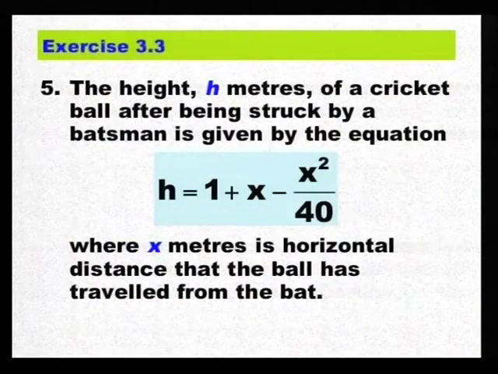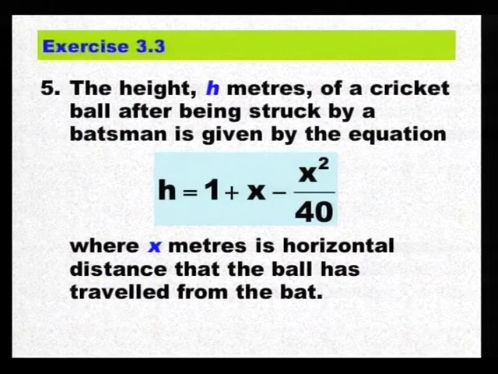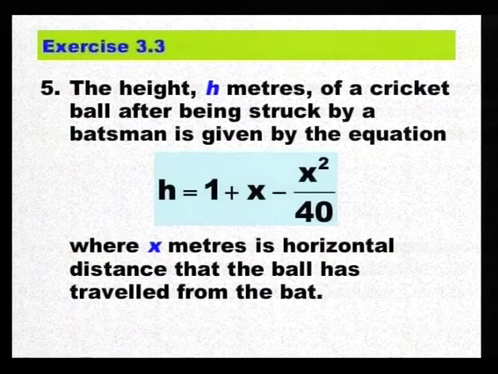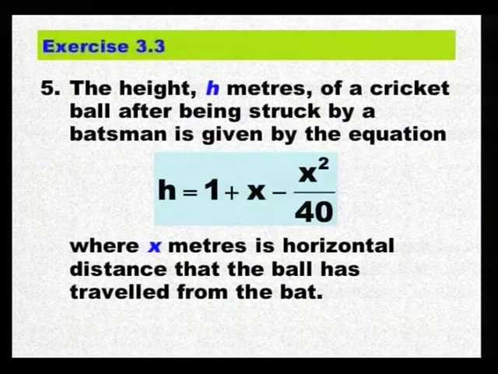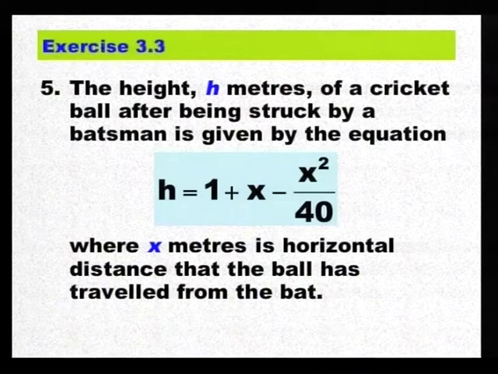Question 5 reads, the height h meters of a cricket ball after being struck by a batsman is given by the equation h is equal to 1 plus x minus x squared divided by 40, where x meters is the horizontal distance that the ball has traveled from the bat.